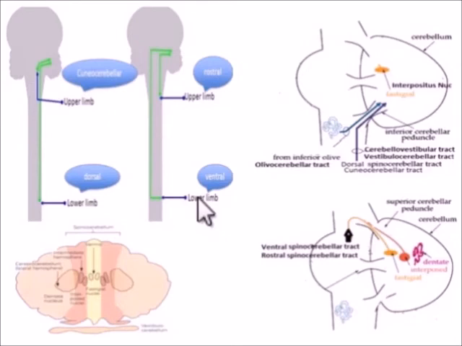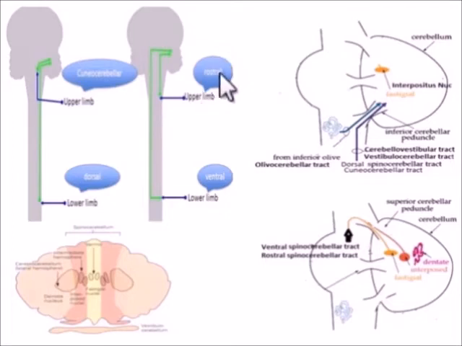The anterior spinocerebellar tract carries the proprioceptive sensation, and this tract, after crossing the spinal cord, ascends upwards and reaches the midbrain, and from the midbrain it crosses again to reach the spinocerebellum of the same side of body.